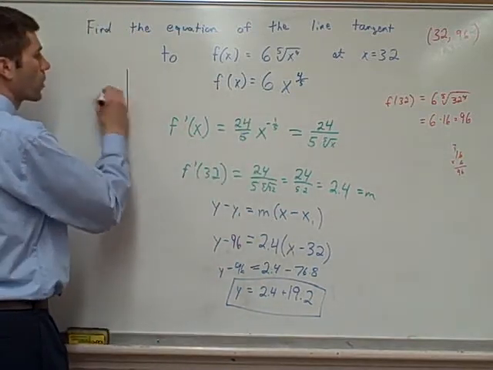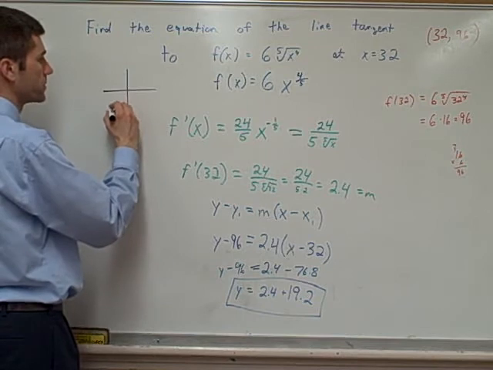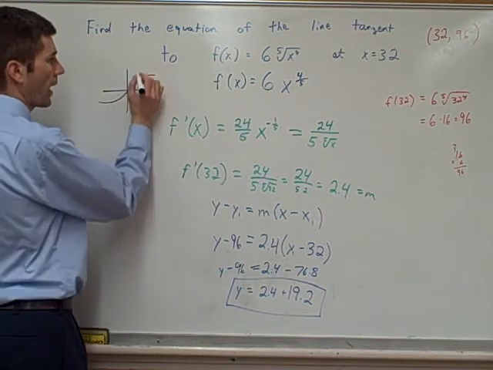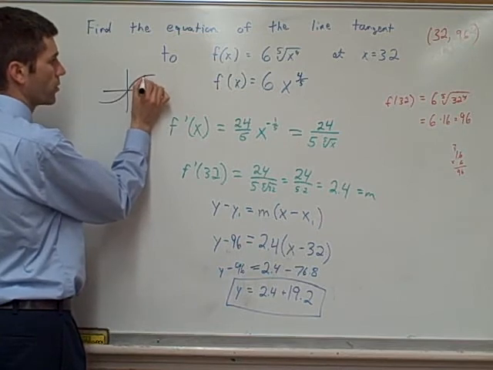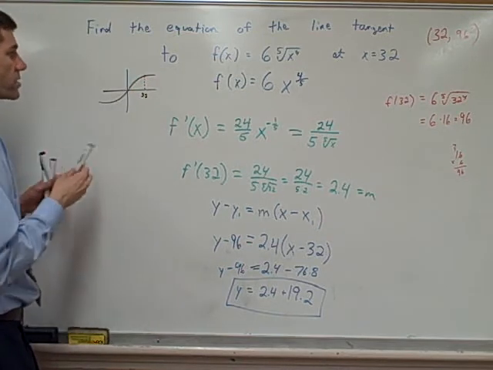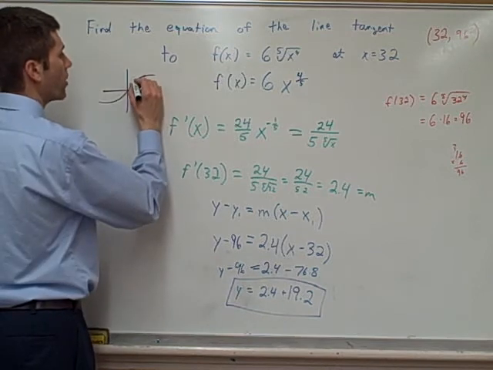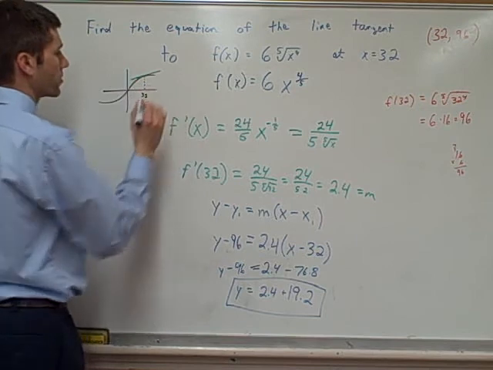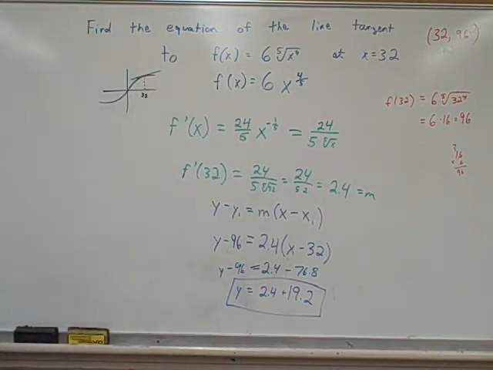Basically, we'll have some function like that. And where x equals 32, we have a tangent line, and we just found the equation of that line that is tangent right there. That should be a straight line. It's not, but it should be. That is not specifically this one, but it's probably pretty close.